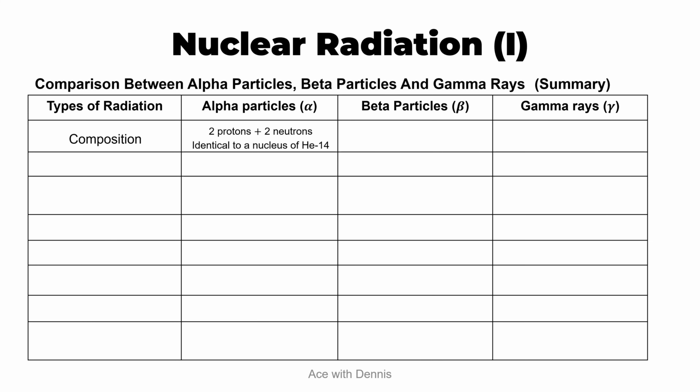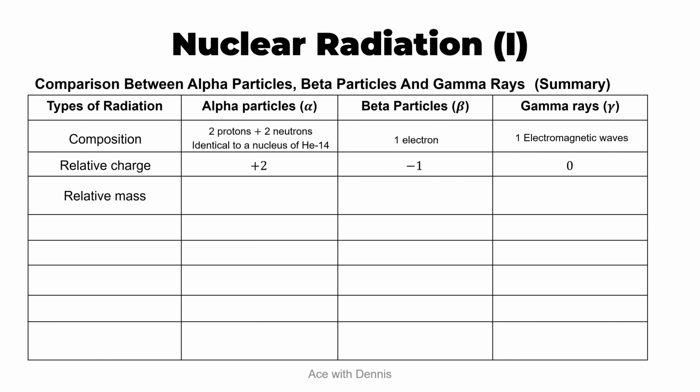For beta particles, it has 1 electron, and for gamma ray, it is an electromagnetic wave. The relative charge for an alpha particle is positive 2, as it has 2 protons. For beta particles, it is negative 1, since it has 1 electron, and for gamma ray, since it has no particle, the relative charge is 0.